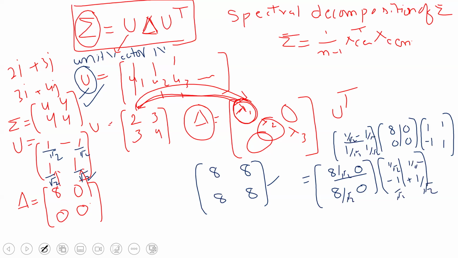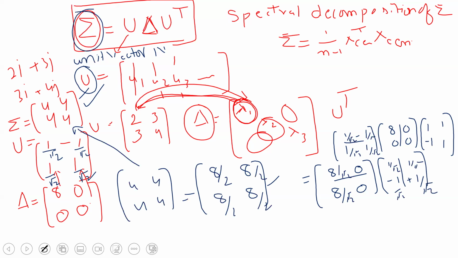So 8 by root 2 into 8 by root 2 is divided by 2, and that becomes 4 4 4 4, which matches sigma. So that is the spectral decomposition of sigma, U delta U transpose. I just proved that with the example above, so just remember that.